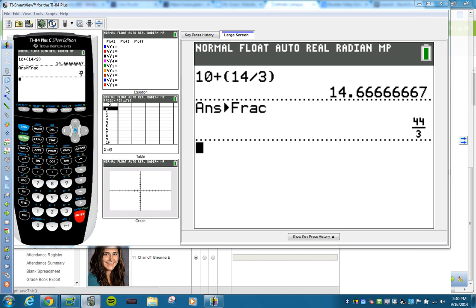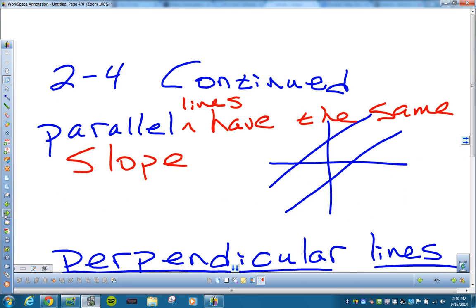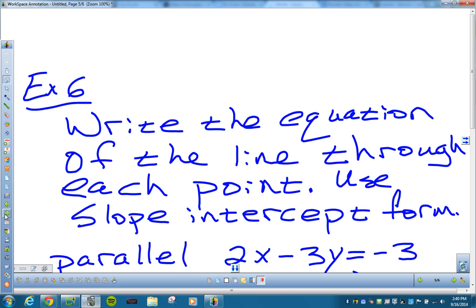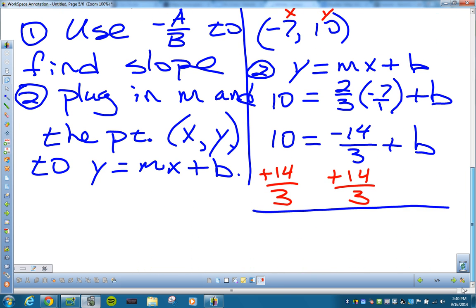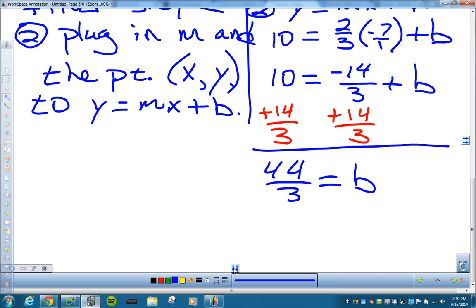All right, so we added these and we got 44/3 for our B. Okay, so last step, I neglected a step. We're going to solve for B. That's what we just did.